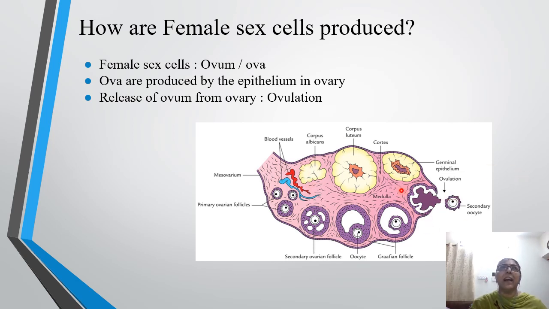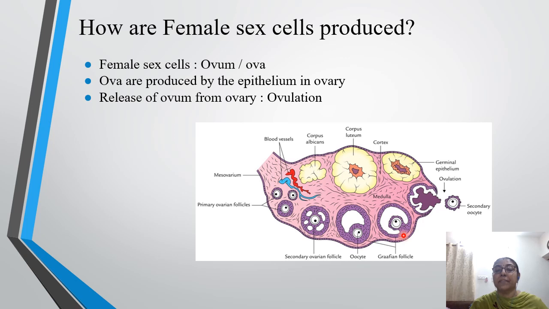So we will see how these female sex cells are produced. The egg or ova are produced by the germinal epithelium of the ovary. This is the ovary structure where you can see the release of the ovum. Maturing of the ovum, and then after it has been released, what takes place?